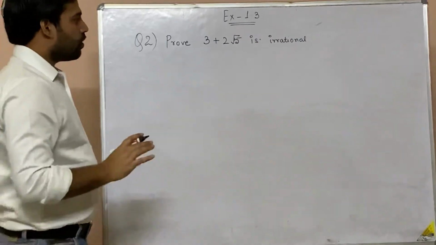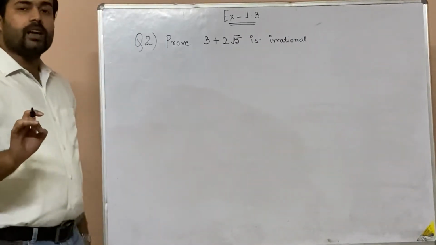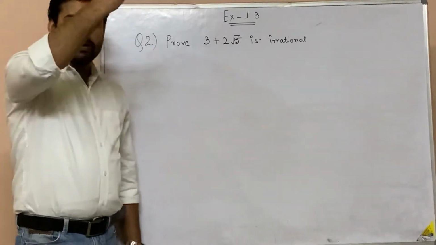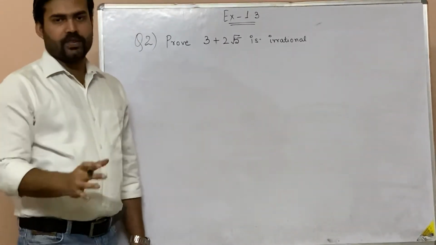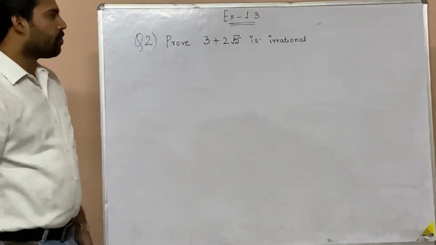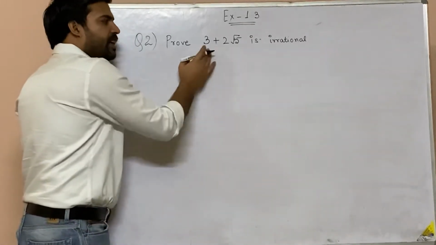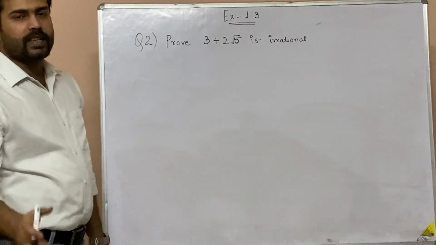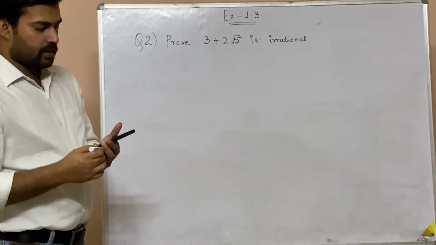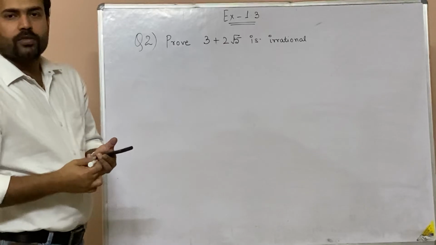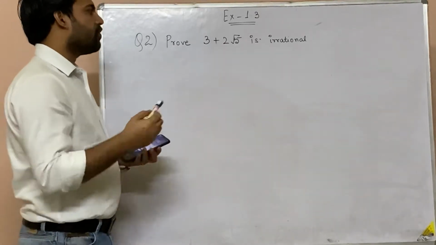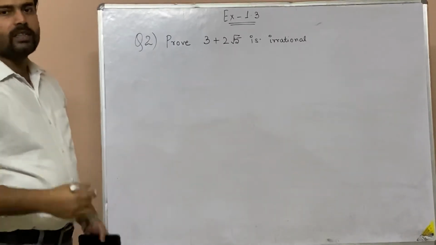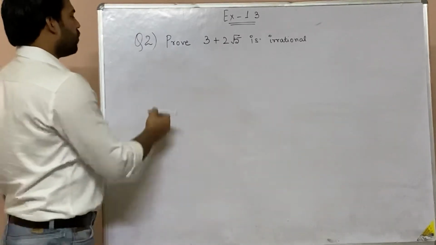Now if they are just simply asking you to prove root 2, root 3, root 5, root 7, this whole thing is to be written the way we proved it in the previous case. But if it is an amalgamation of binary operations, that is plus, minus, multiply, divide, then you will approach in the manner that I am telling you right now. So how to do that?